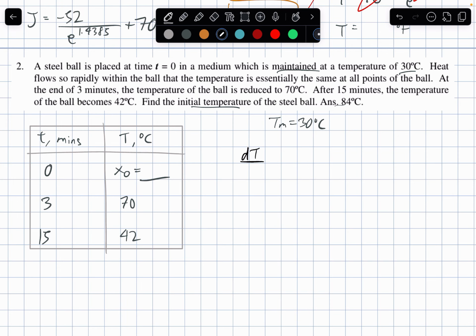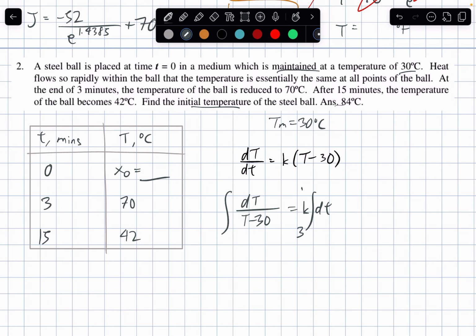So dT over dt equals k times T minus Tm, which is 30. Let's find k using these two pairs. So 3 to 15. Sorry. We don't apply the integral sign yet. We have to rewrite dT over T minus 30 equal to k dt.